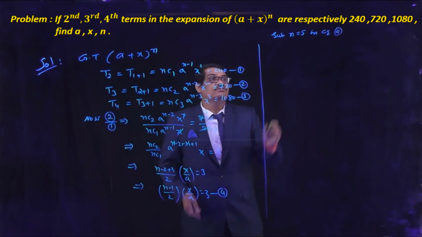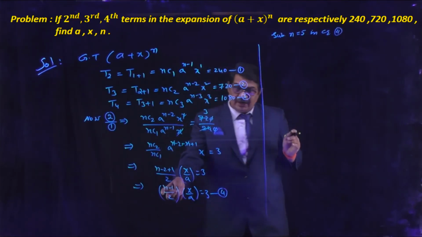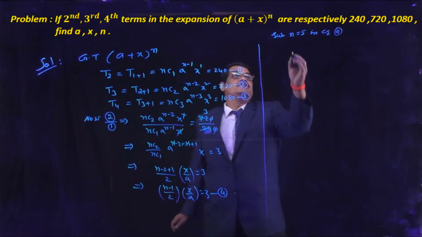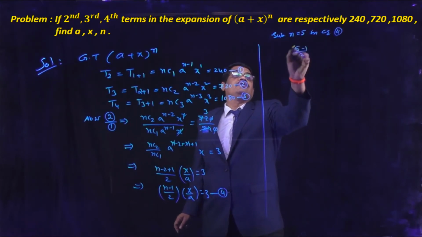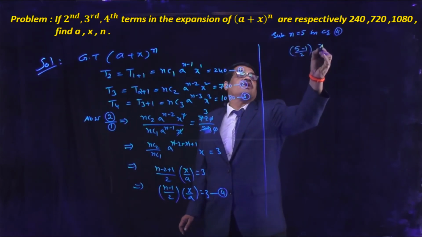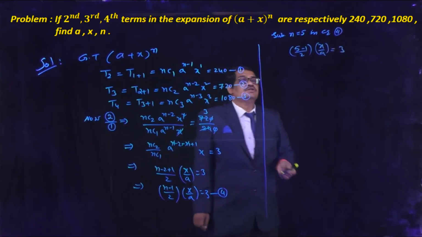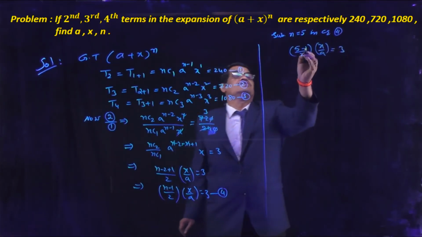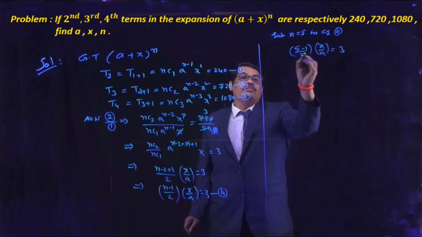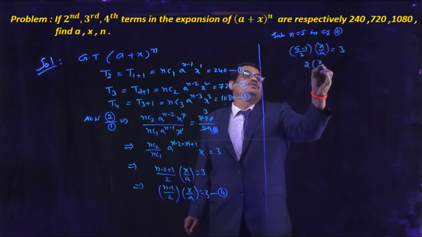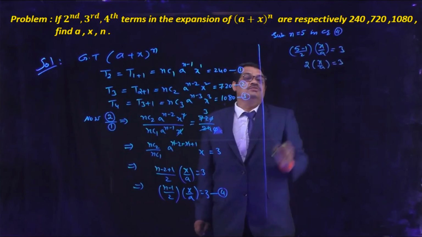What is equation 4? That is (n minus 1) by 2, that is (5 minus 1) by 2 into x by a is equal to 3. What is 5 minus 1? That is 4, 4 by 2, that is 2. 2 into x by a is equal to 3.